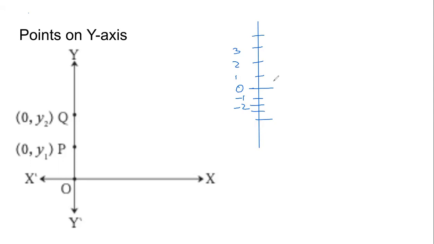So if we imagine points P and Q on this, the coordinate of P is nothing but y1 and the coordinate of Q is nothing but y2. Clearly y2 is above y1, so y2 is bigger. So the distance between P and Q will be y2 minus y1.